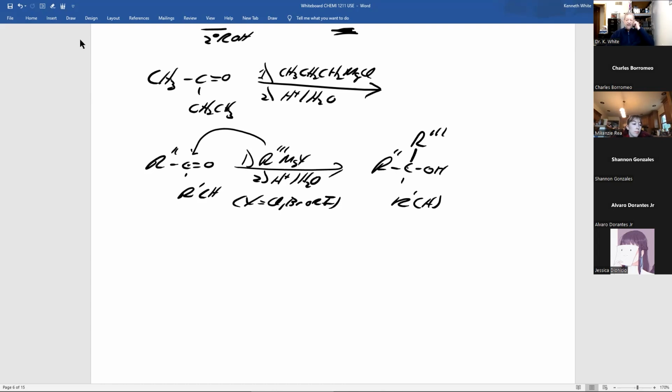And why don't you give what would be the product for that reaction? For some reason, on test 2 and other places, students have problems with this reaction.